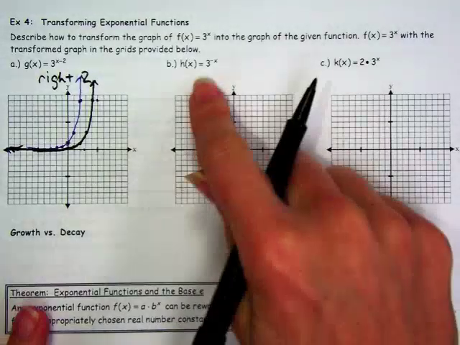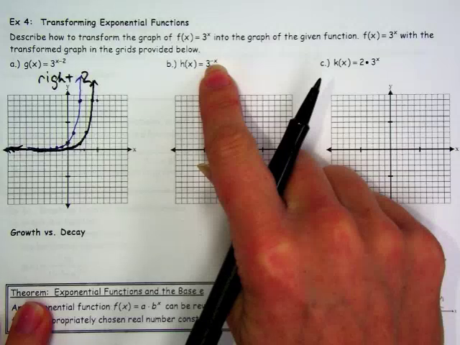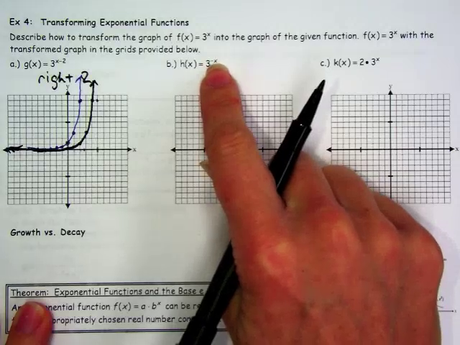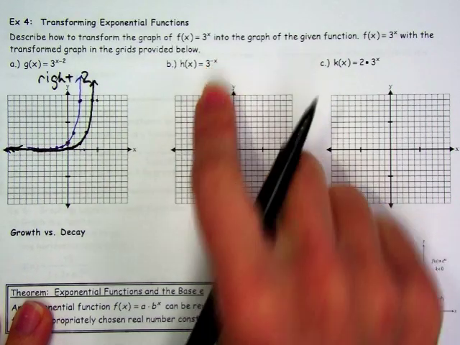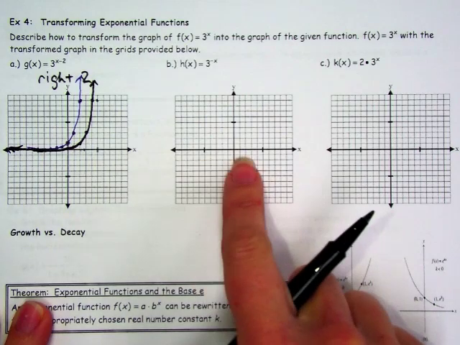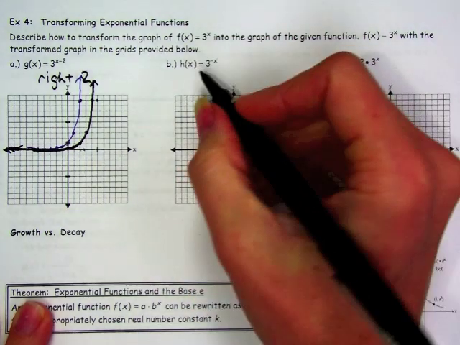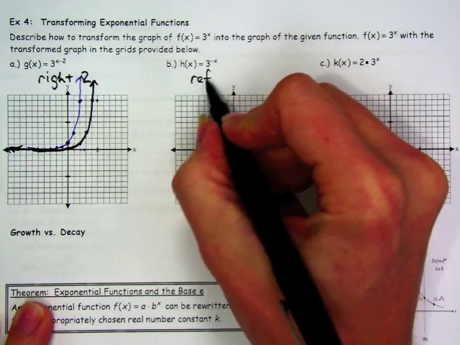Okay, well, here we have 3 to the negative x. Again applied to the x, so it's a horizontal change. A negative does a reflection, so a horizontal reflection has to go sideways, so we're going over the y-axis. So this is a reflection over the y-axis.